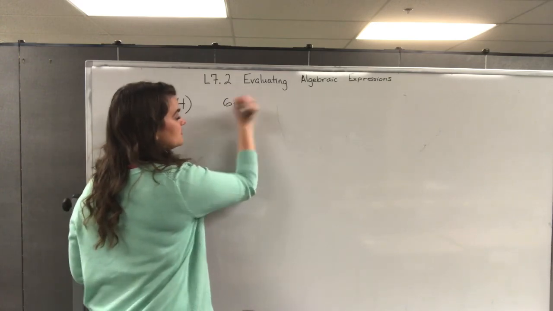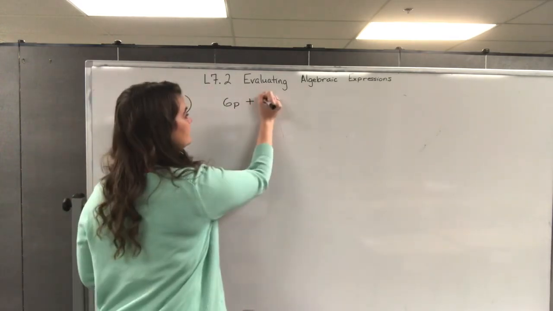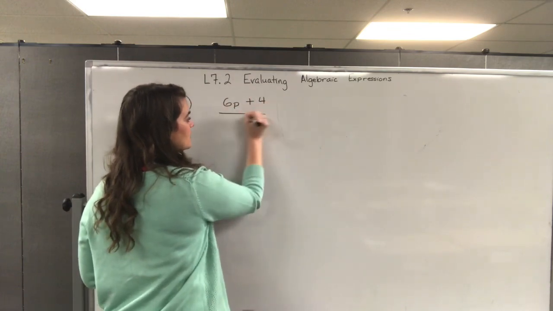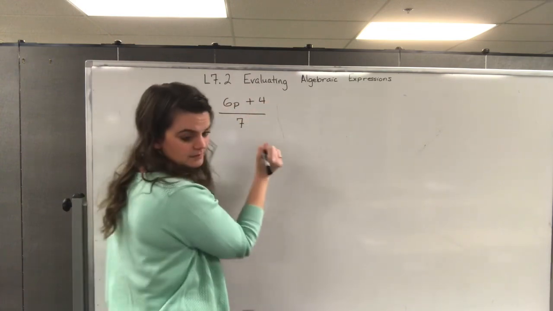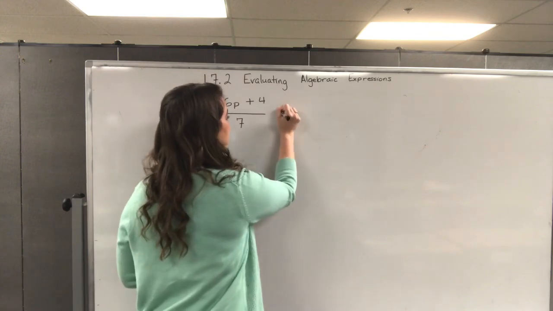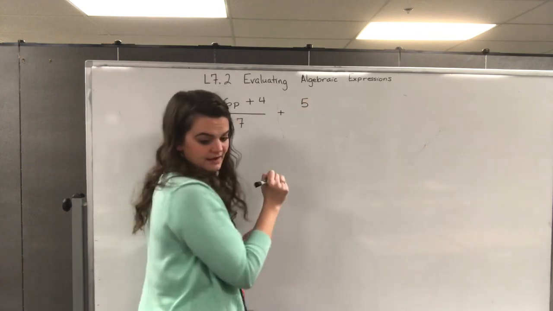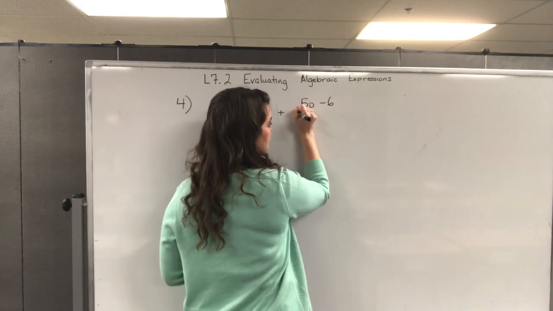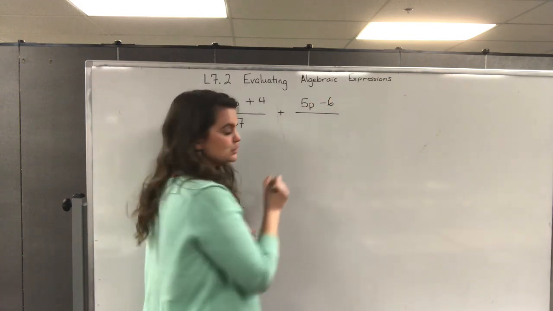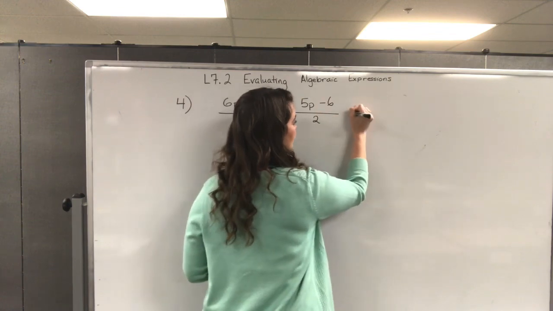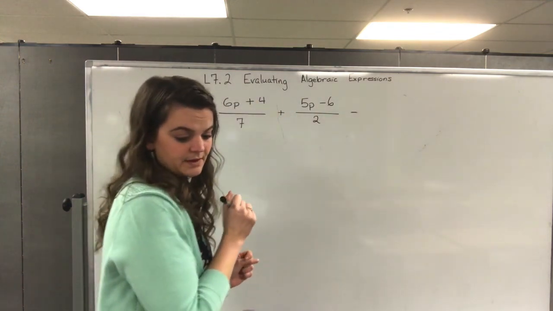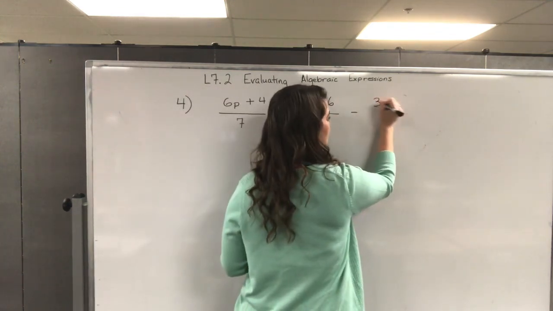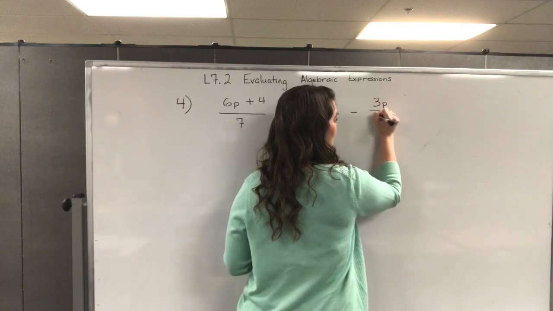6p plus 4 over 7 plus 5p minus 6 over 2 minus 3p over 4.